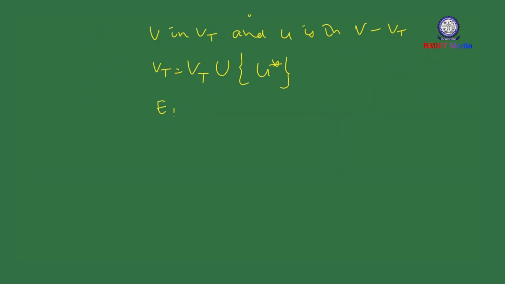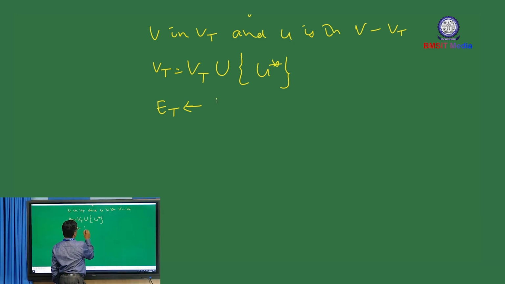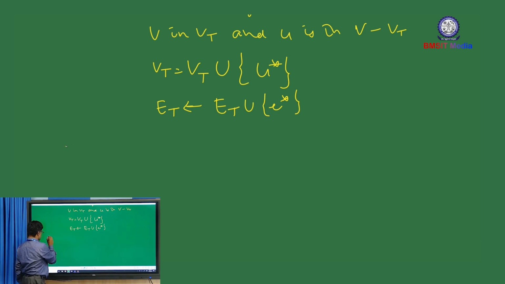Now ET equals ET union E star. That means u comma v, whatever you have found, you are making the union into ET. Now write ET.